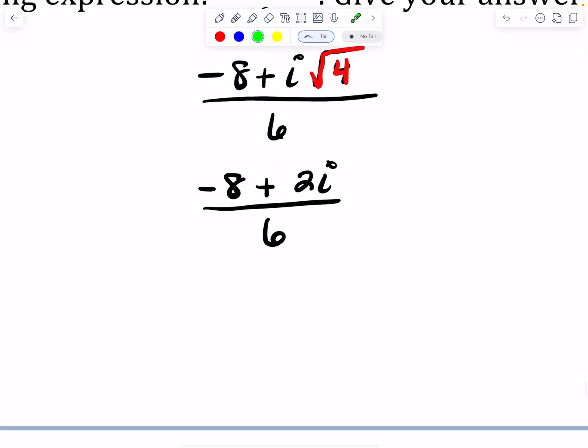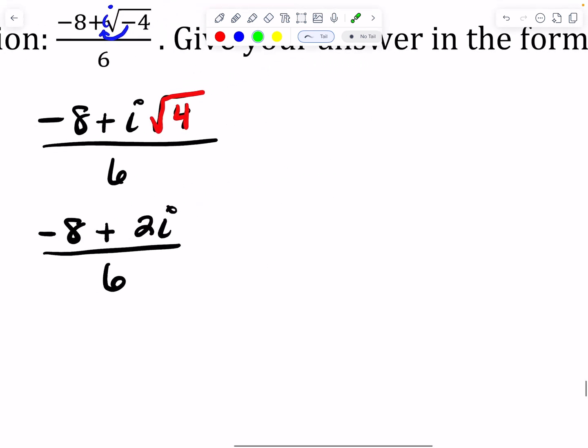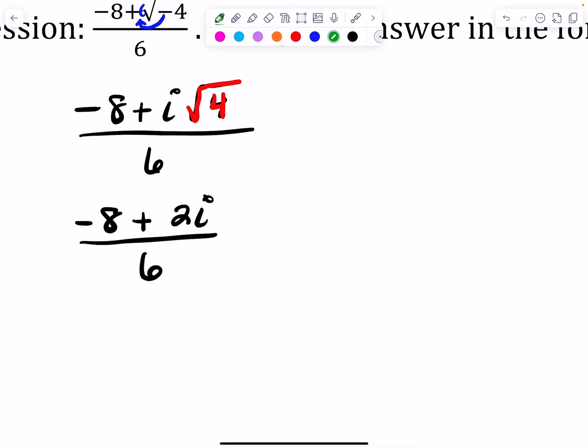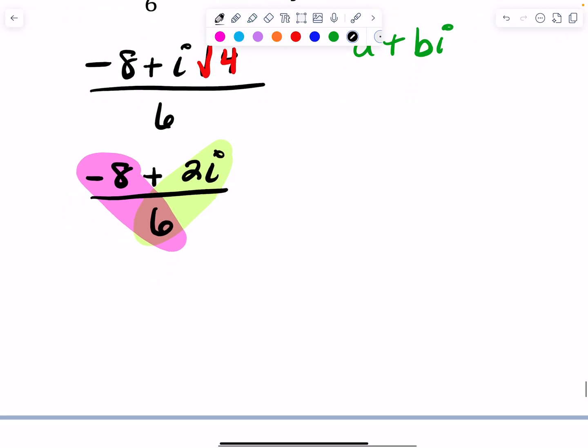And then we're going to take this, and this needs to be in the form a plus bi, and that's not what we have right now. So we're going to do this fraction, negative 8 over 6, and then we're going to do positive 2i over 6, and we're going to simplify those separately.